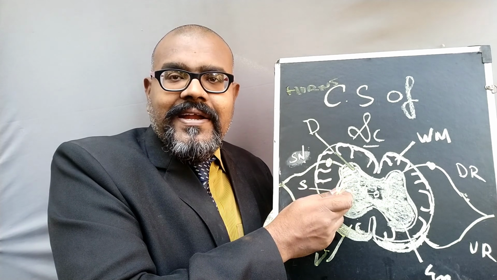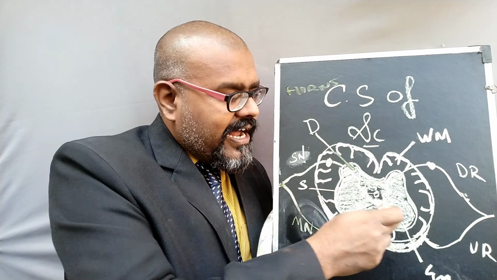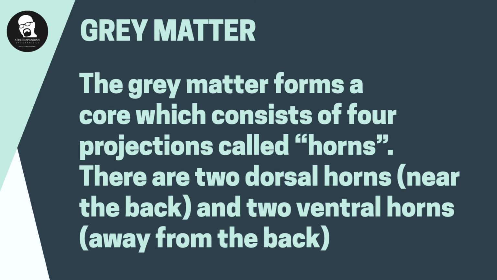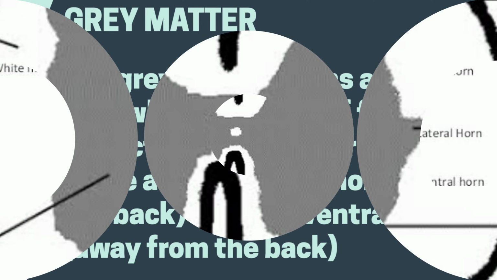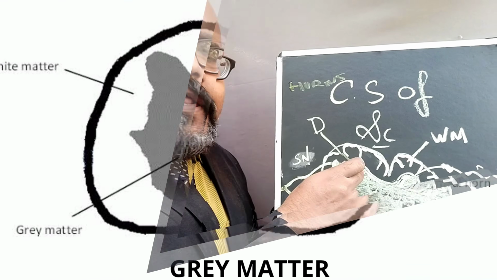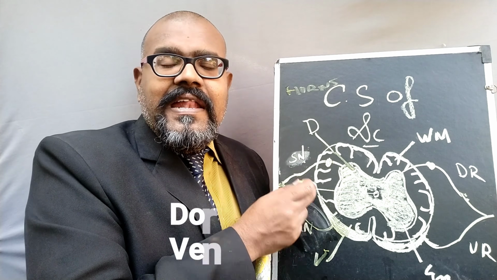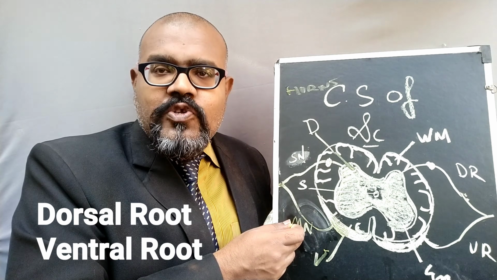So this gray matter consists of two dorsal horns in the anterior region and the two ventral horns in the posterior region. In the dorsal horn, we have the dorsal roots. In the ventral horn, we have the ventral roots.